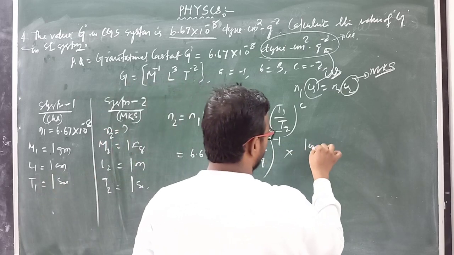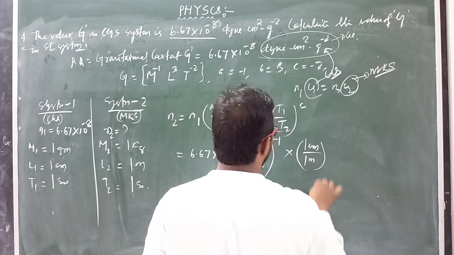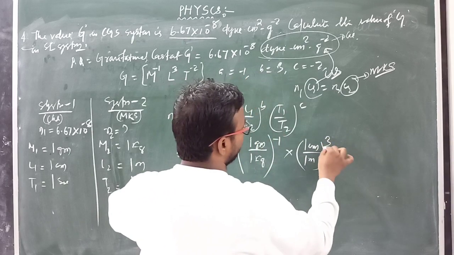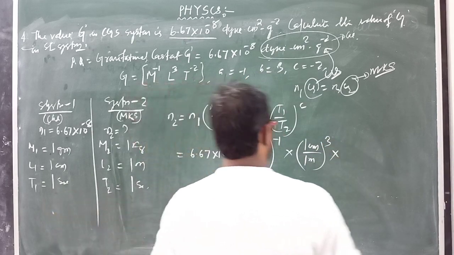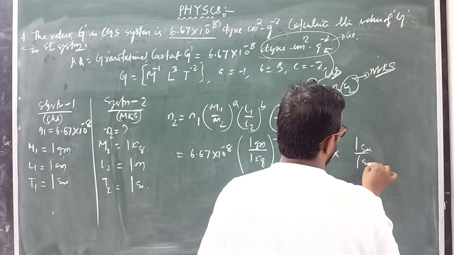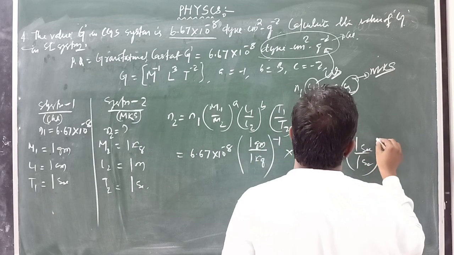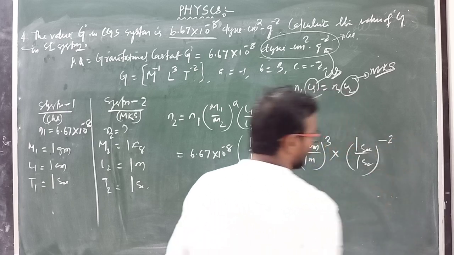L1 is 1 centimeter, 1 centimeter by 1 meter, to the power 3, and again T1 by T2, 1 second by 1 second, to the power minus 2.